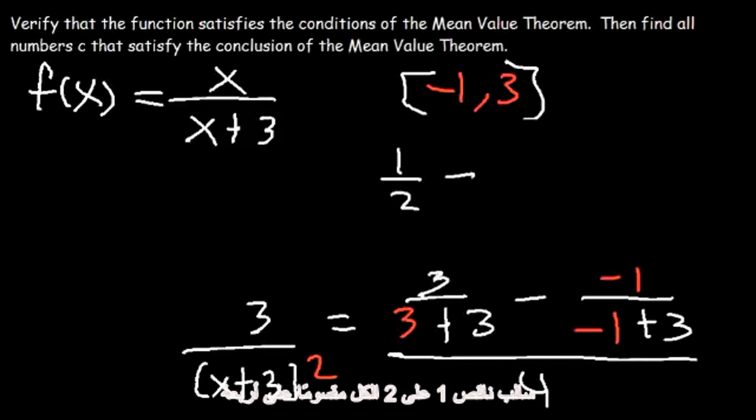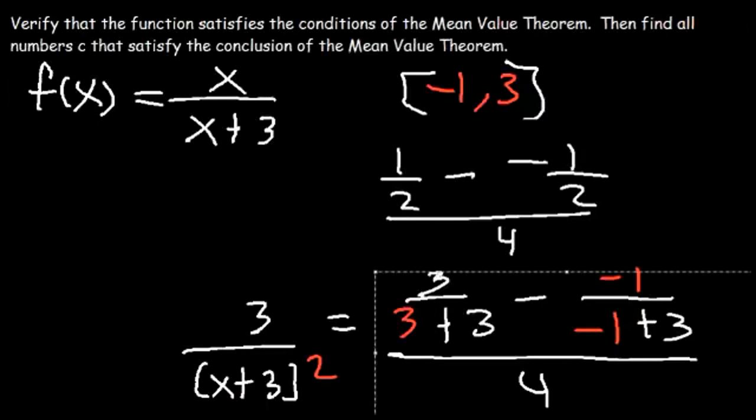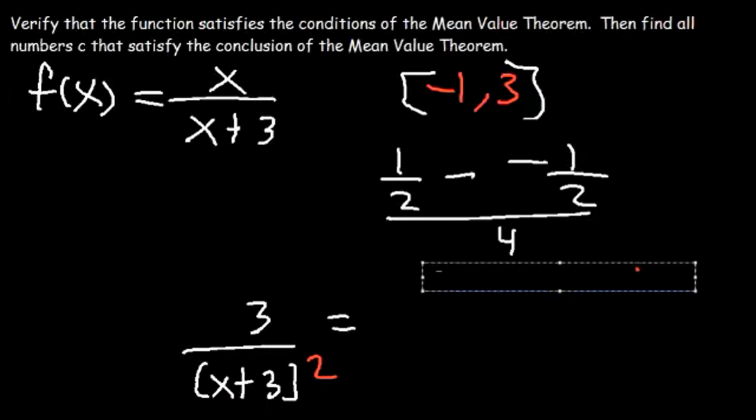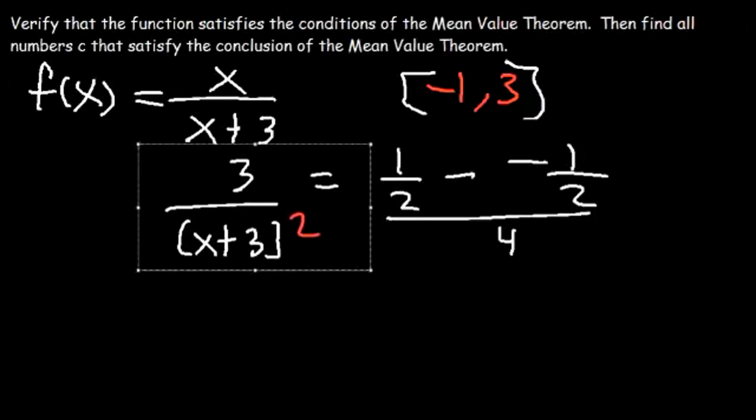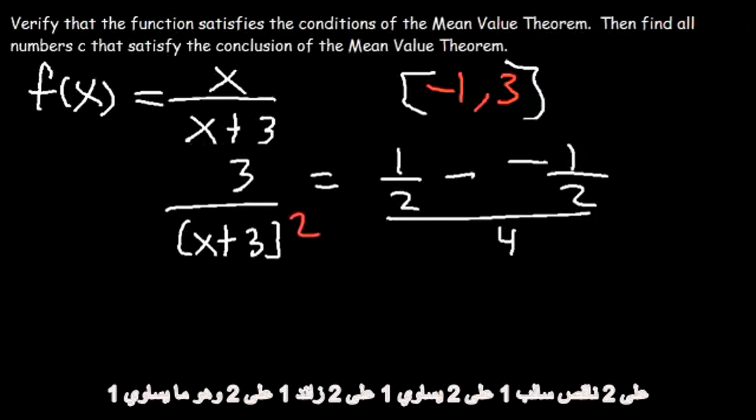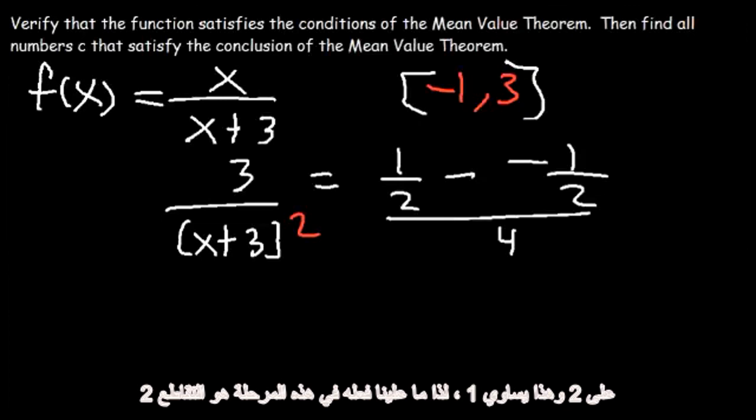So it's 1/2 minus -1 over 2, all divided by 4. One over 2 minus -1 over 2 is the same as 1 over 2 plus 1 over 2, which is 2 over 2, and that's equal to 1.